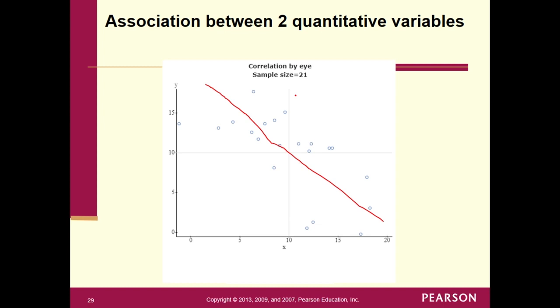Let's take a look, and there you go. It turned out to be a negative 0.66. So it's telling us we have a relationship. It's not real weak, but it's not real strong either. It's somewhere in between. We can see it from the scatter plot, and we can also see it from the correlation coefficient.